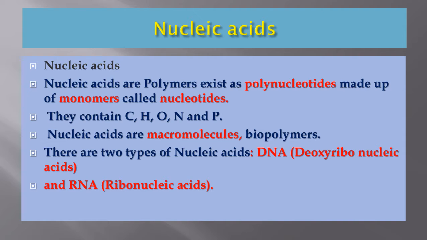So from this slide you have to understand that nucleic acids are polymers, polynucleotides made up of monomer units which are nucleotides, and contain carbon, hydrogen, oxygen, nitrogen and phosphorus. They are macromolecules and the two types of nucleic acids are the DNA and the RNA.